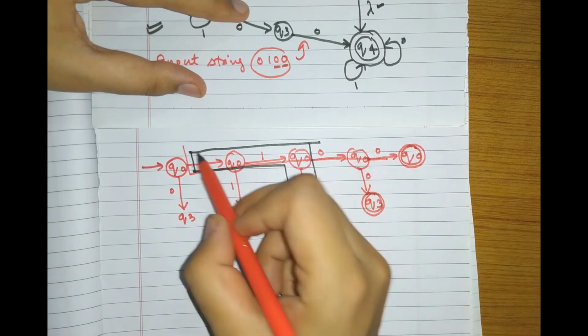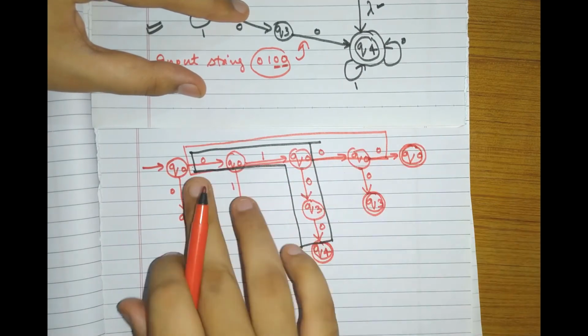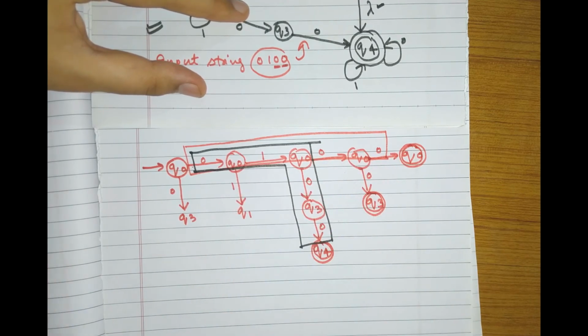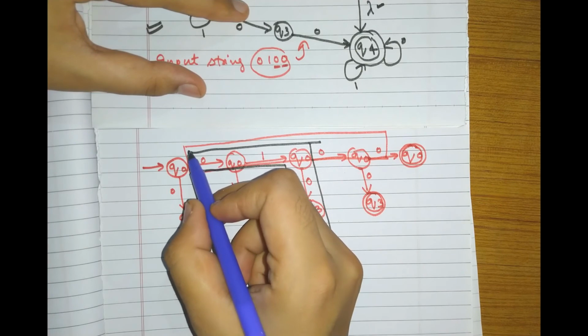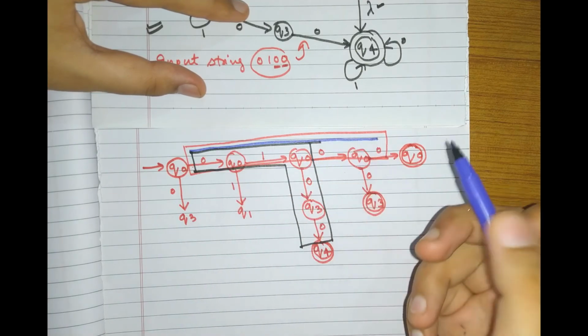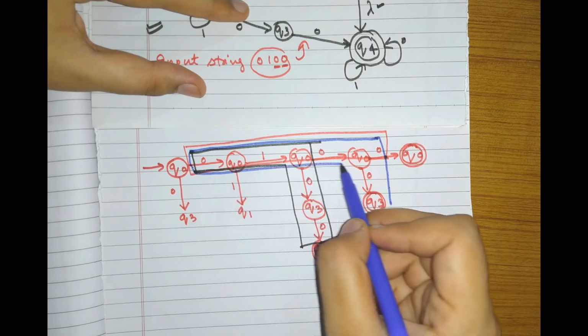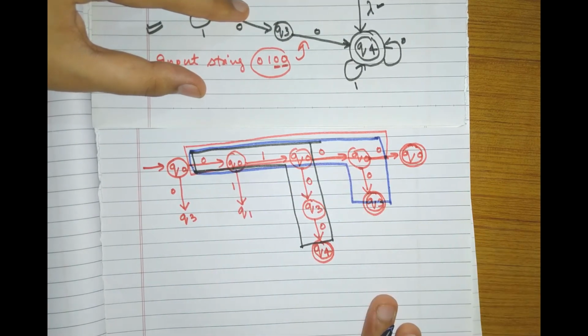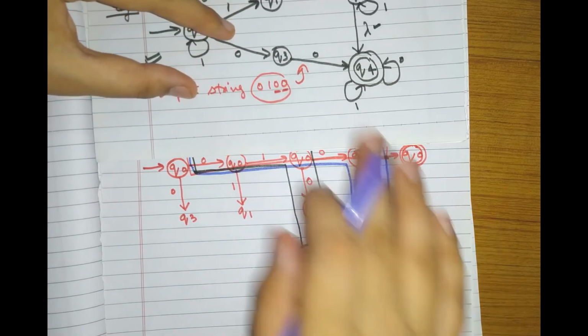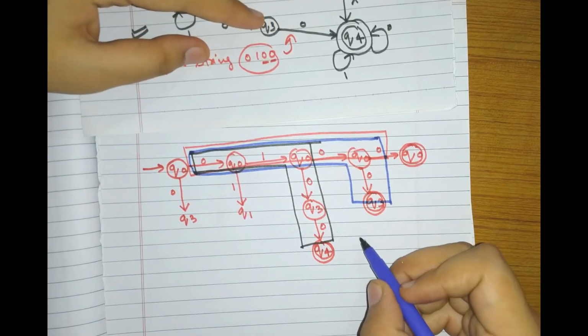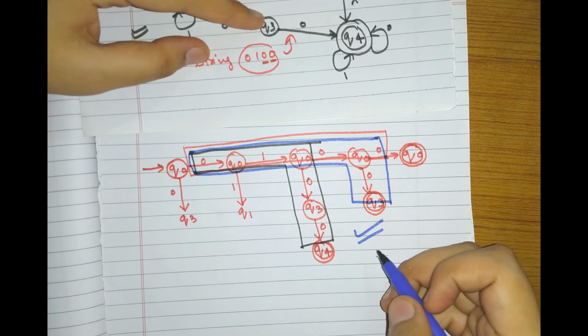This is because the string 0 1 0 0 is also received from here, and this string is also received here, that is 0 1 0 0. So this is the explanation of this figure.